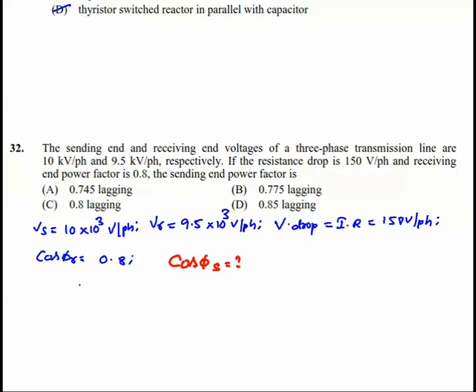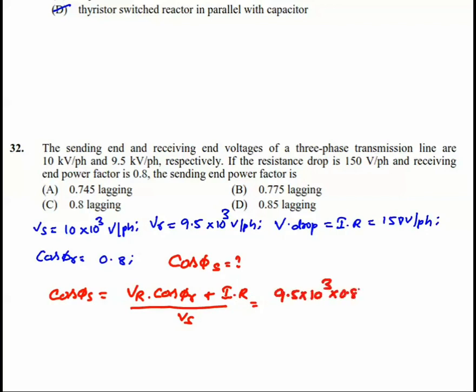Okay, the formula from the phasor diagram we can derive directly here. So cos phi s is equal to voltage Vr into cos phi r plus I into R drop, divided by Vs. So Vr value is 9.5 into 10 power 3 into 0.8 plus 150, divided by 10 into 10 power 3.